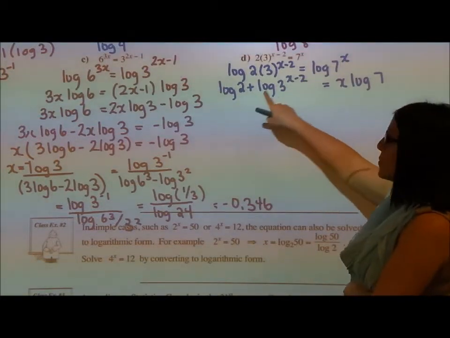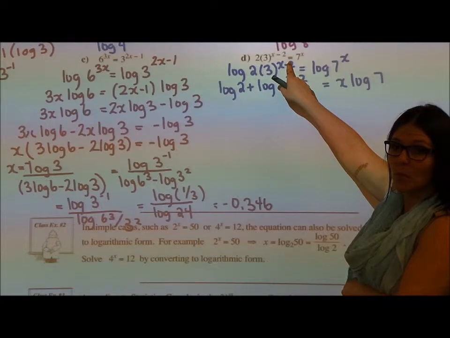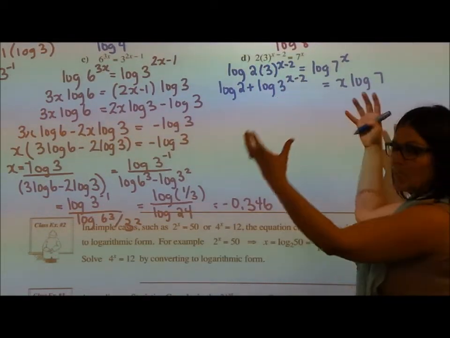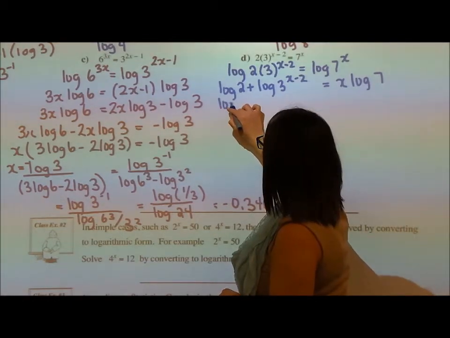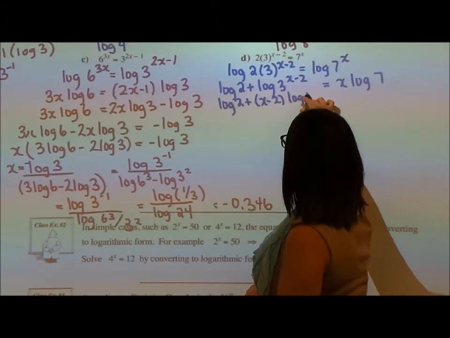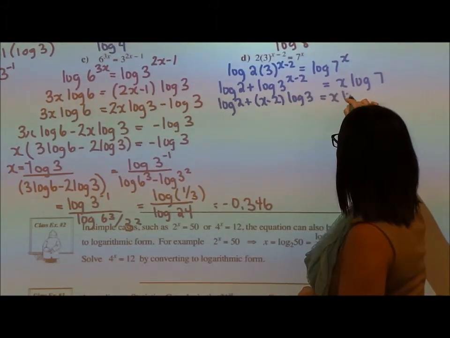I can now bring the exponent down. I could not bring the exponent down before because I had this 2 attached to it. So I had to split it up. So now I have log 2 plus x minus 2 times log 3 equals x log 7.